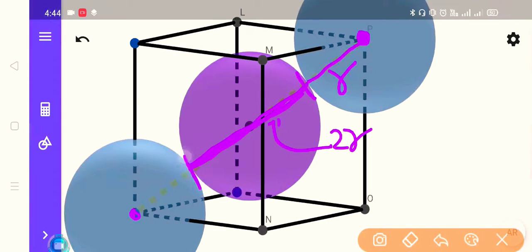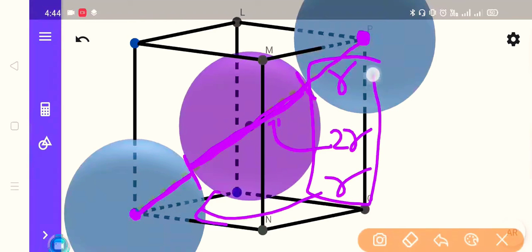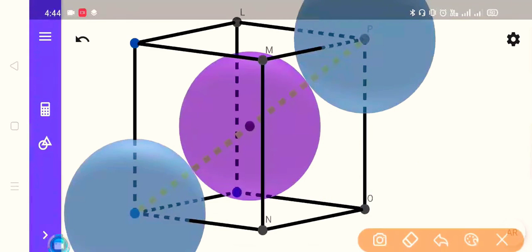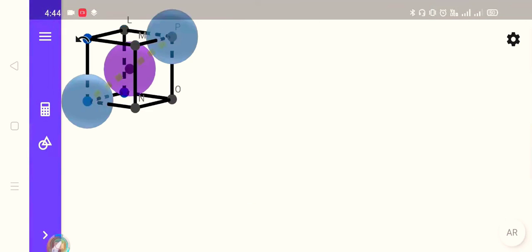And then surface to center for the opposite corner sphere, that means R. So total 4R. So for the body centered unit cell, C is equal to 4R. Remember this relation.